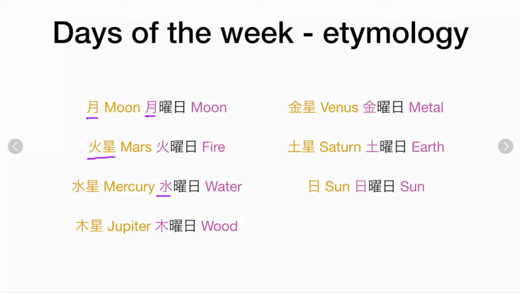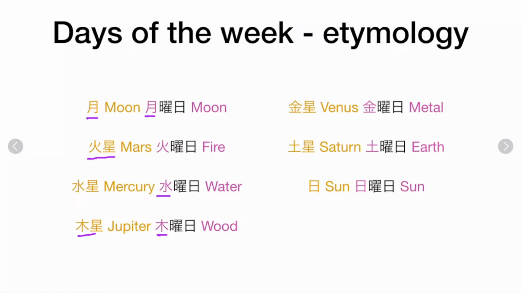Mercury in Norse mythology, I don't think I remember. But this is Wednesday, which is Odin's day in Norse mythology, and Odin is generally Jupiter. But anyway, you get Mokuyobi next for Jupiter, which is wood, which I had mentioned is Odin's day.